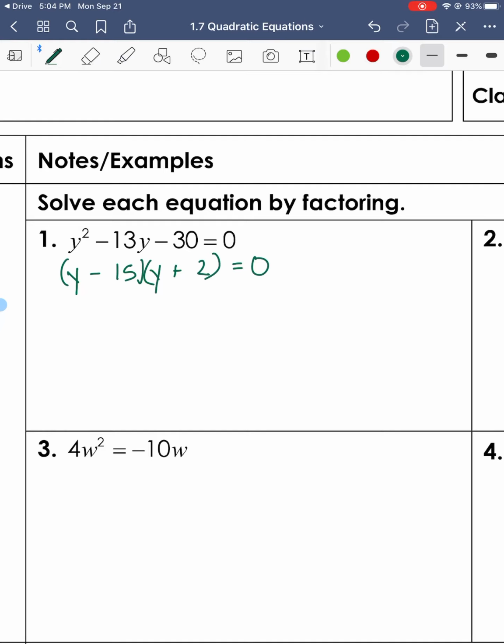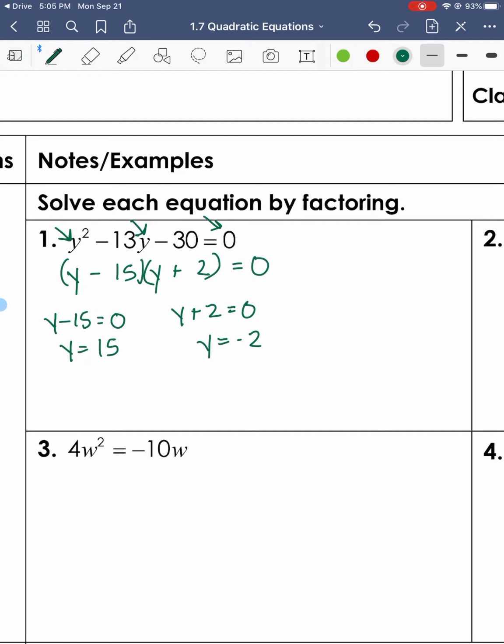So this is what I'm saying here. Then we can set y minus 15 equal to 0 and solve for y, which is equal to positive 15, and then y plus 2 equal to 0, and y is going to be equal to negative 2 here. So we know that if we have either negative 2 or 15 in for y, that will make this equation equal to 0.